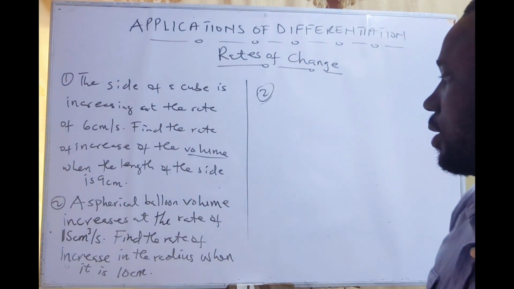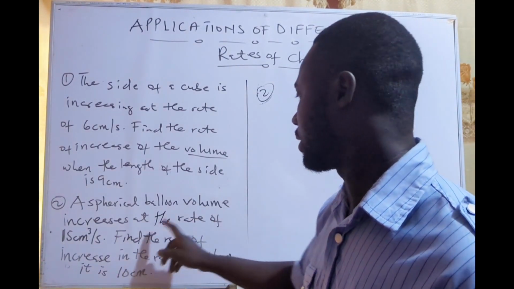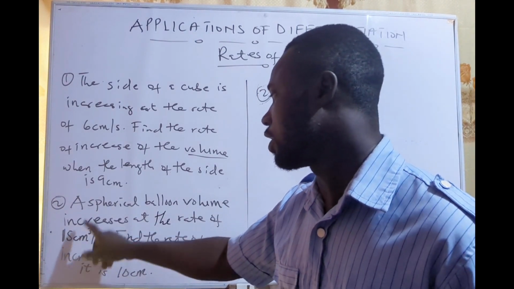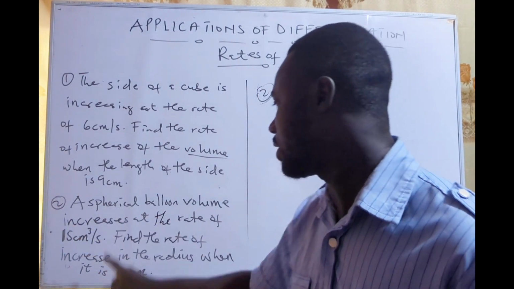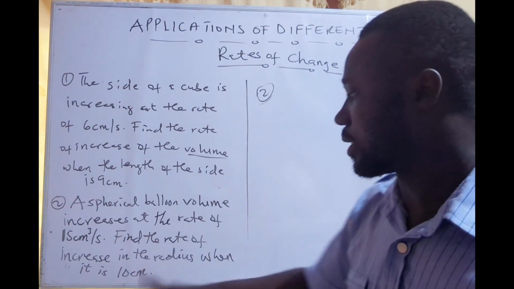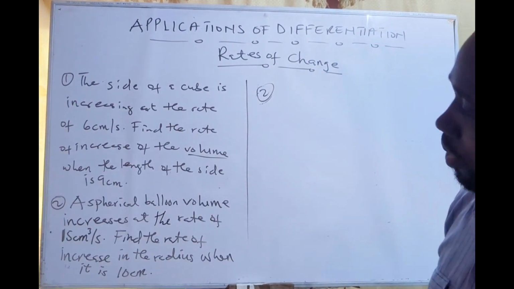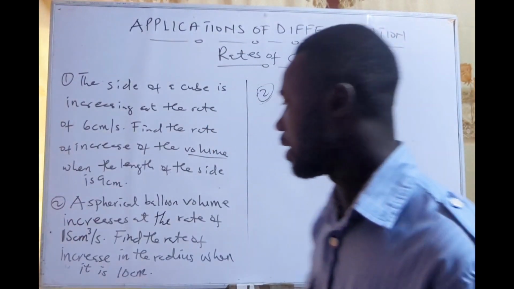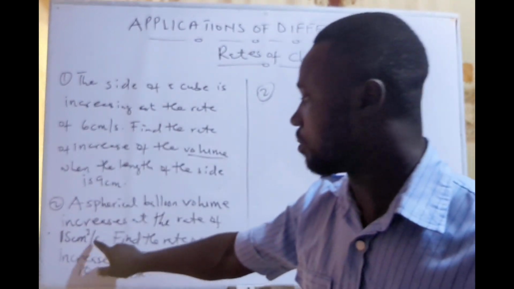Number 2: a spherical balloon volume increases at the rate of 15 centimeter cube per second. Find the rate of increase in the radius when it is 10 centimeters. Okay, so now you have to look for the rate of change per time here.